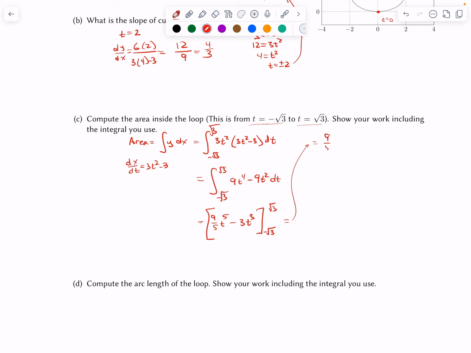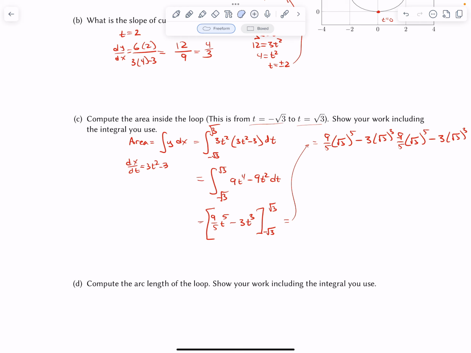So this is 9/5 times radical 3 to the 5th minus 3 times radical 3 cubed minus, it's basically going to be the same thing, but with the negatives there.